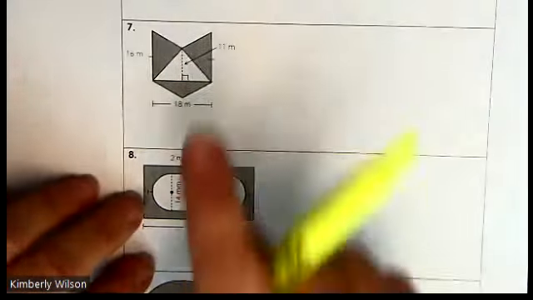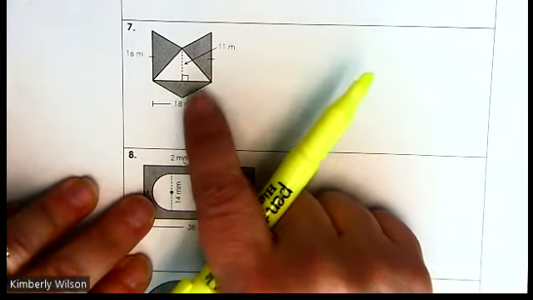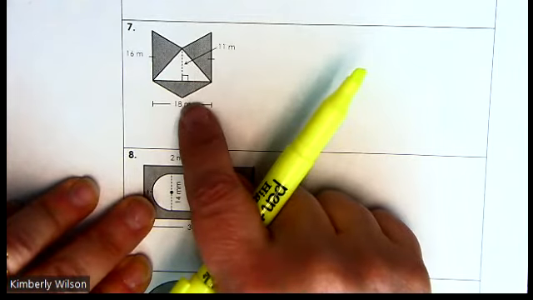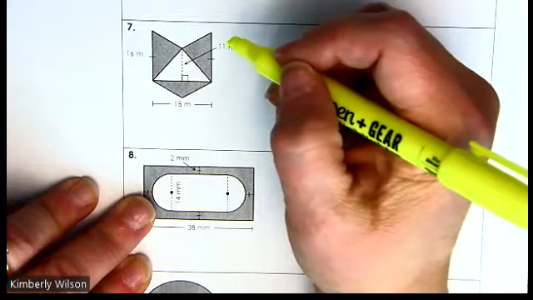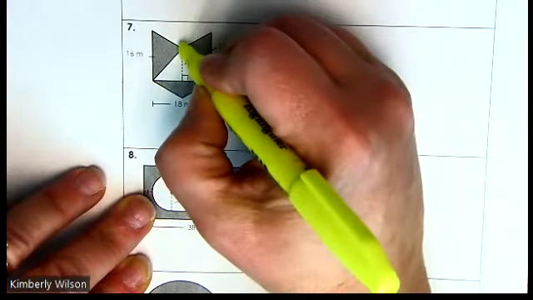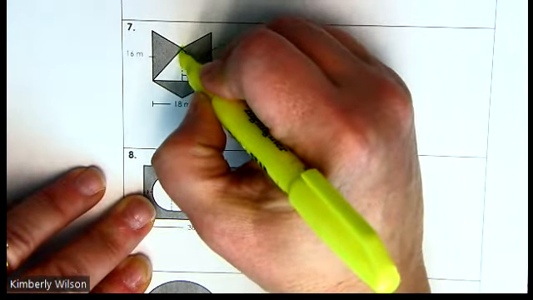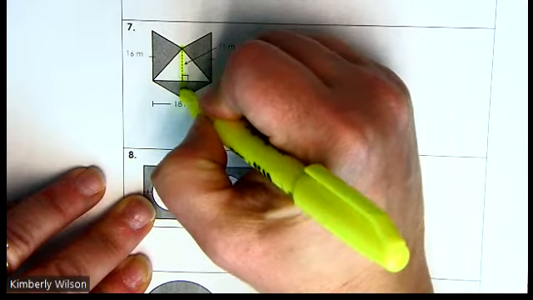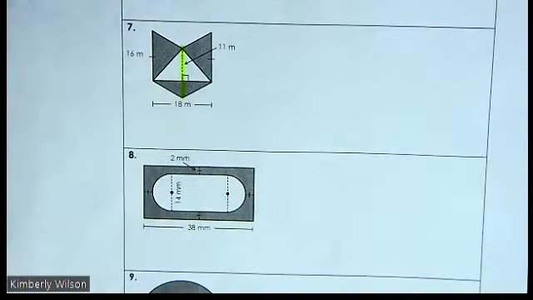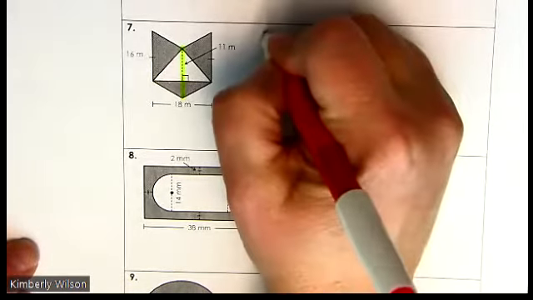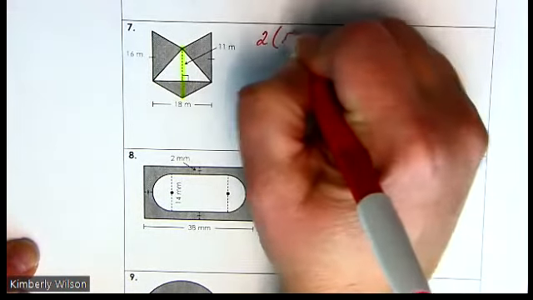Now, that big figure, if I look at it, can be broken up into 2 parallelograms. So I'm going to take this all the way down. The entire figure is the 2 parallelograms.